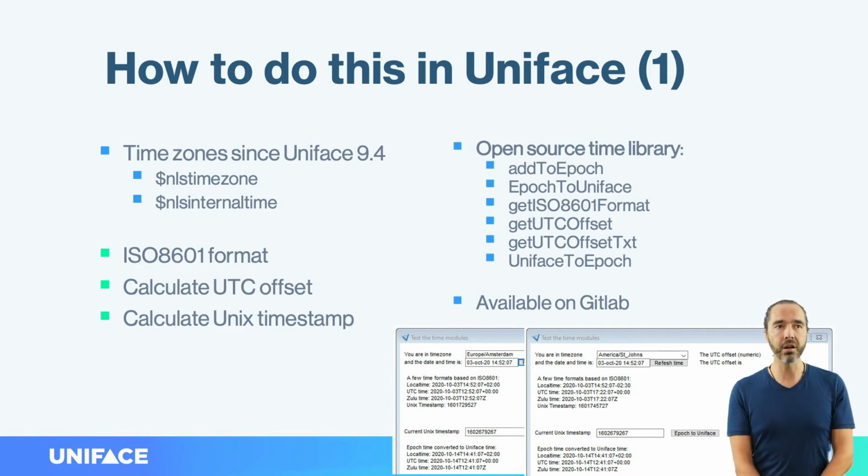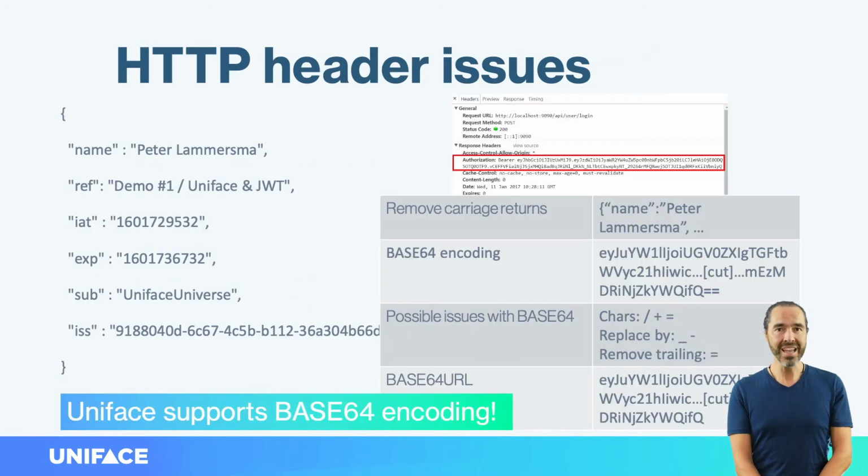But Uniface can't calculate the epoch time, and I found it very hard to calculate or to determine the offset of the time zone, for instance. So I have created a couple of functions and a few test forms, and I will share them with you on GitLab. More on that at the end of the presentation. So date and time can be fixed, but now what about the HTTP header?